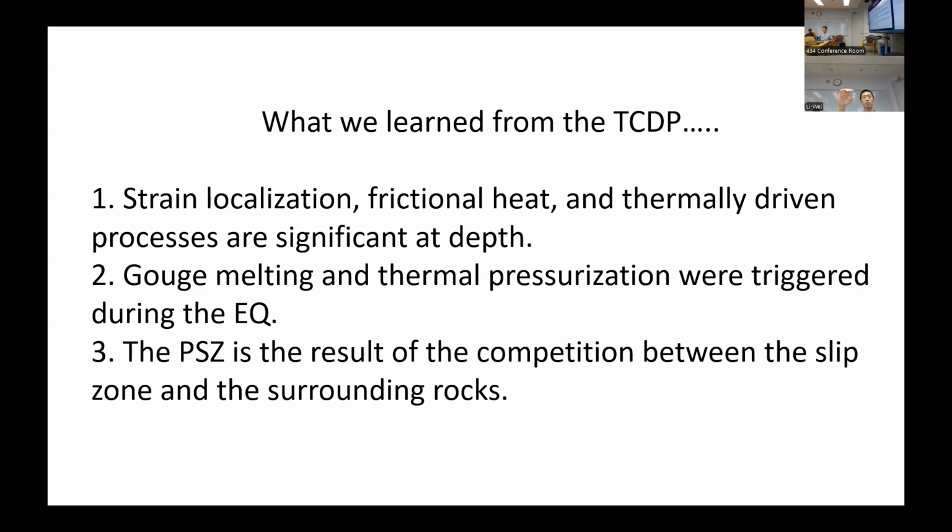Gouge has very low permeability, which will sustain this pore pressure during the course of seismic slip. Even though they are only 50 meters apart, you observe totally different geological features after an earthquake. So that's something we found from TCDP.